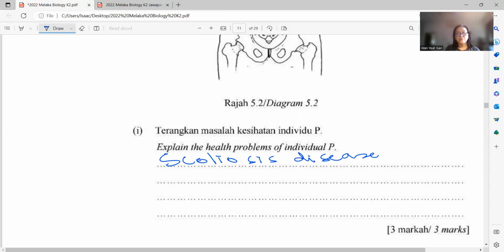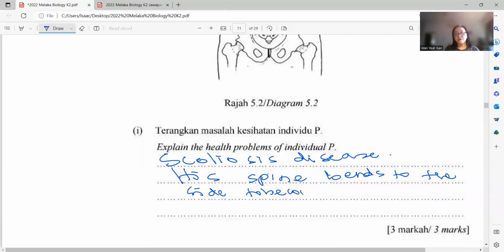His spine bends to the side to become an S or C shape.